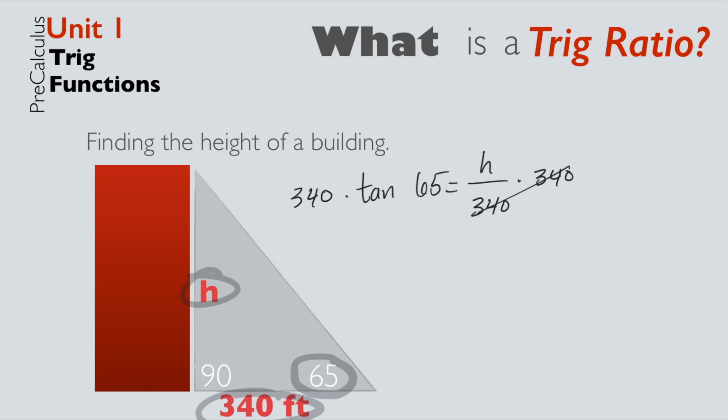So we end up with 340 times the tangent of 65. This is going to tell us that 729.13 feet is the height of the building, or it could be a tree, it could be anything they're looking for, right? It's just about finding that triangle and setting up the angles to work in a certain way.